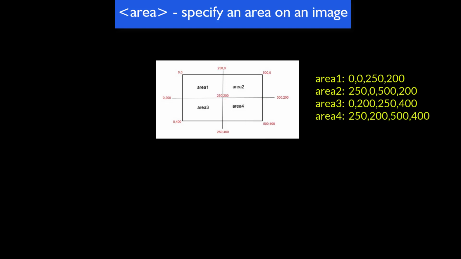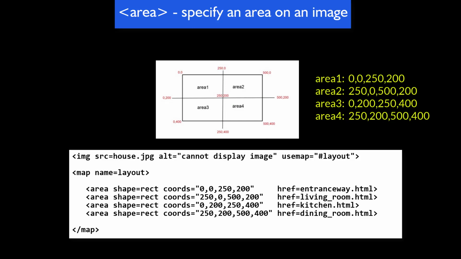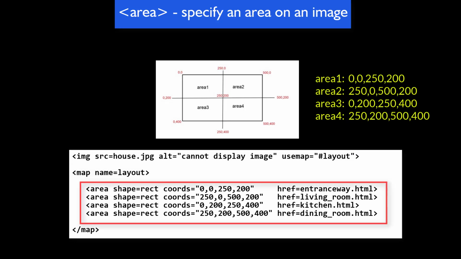So, an image map areas set might look like this. Image src equals house.jpg, alt equals "cannot display image", useMap equals #layout. And then here's our map element, name equals layout. Get it? And we have 4 area elements, one for each of the rectangles we talked about above.